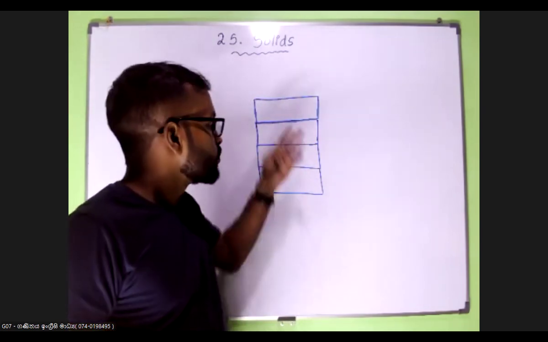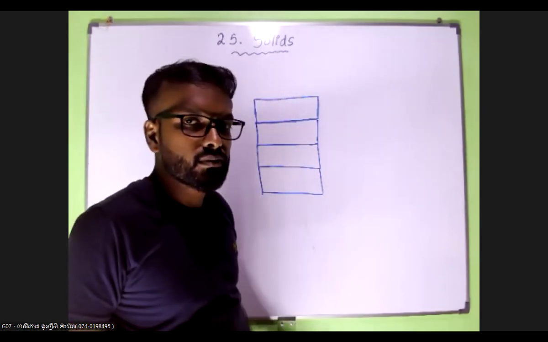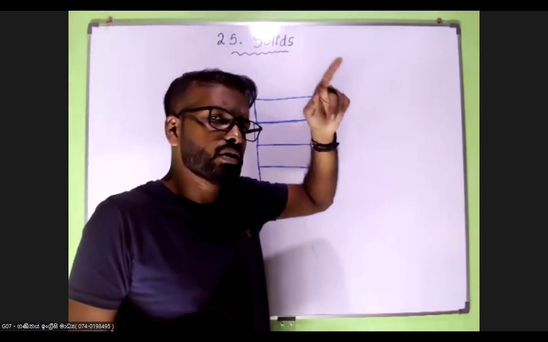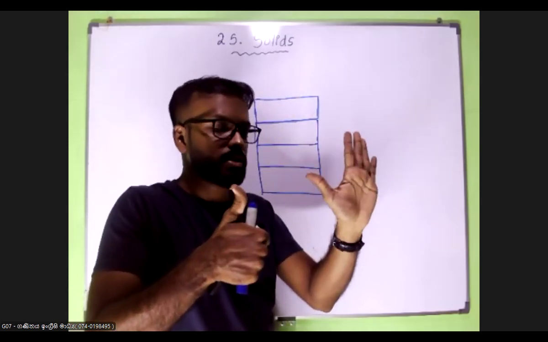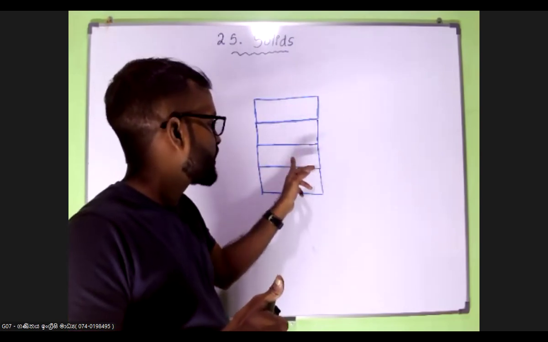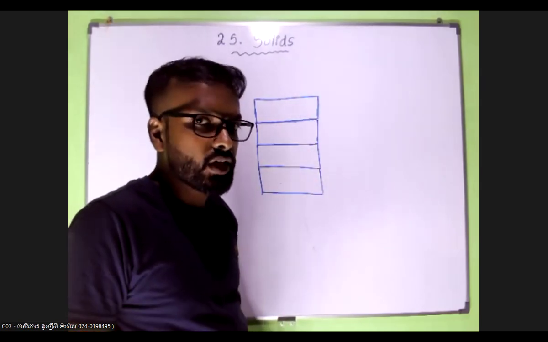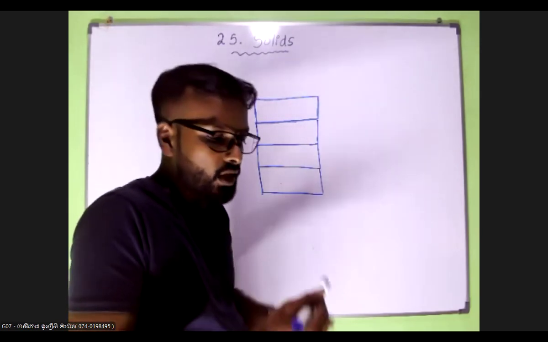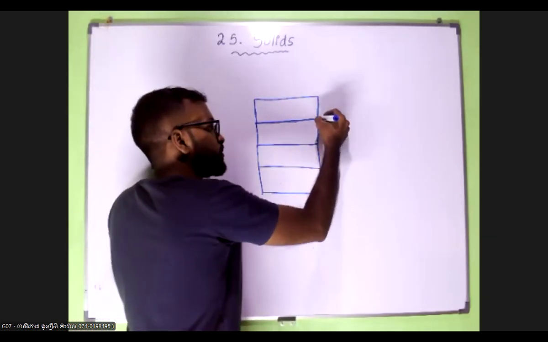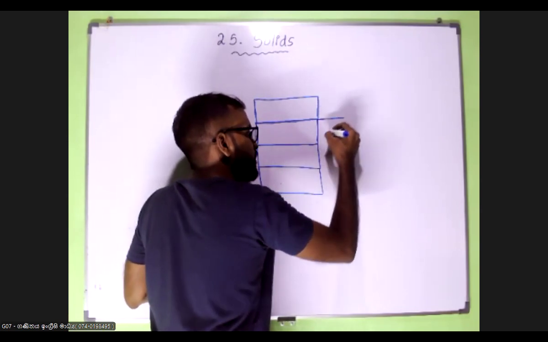So two sides and top and bottom. How many faces are there for a cuboid? All together six faces. Now here I have four faces. So what could be the other two faces? Okay, so we can draw them somewhere around here.